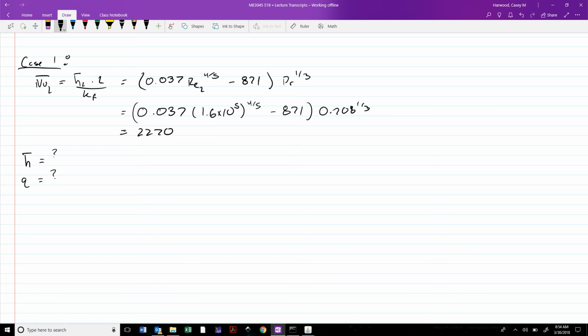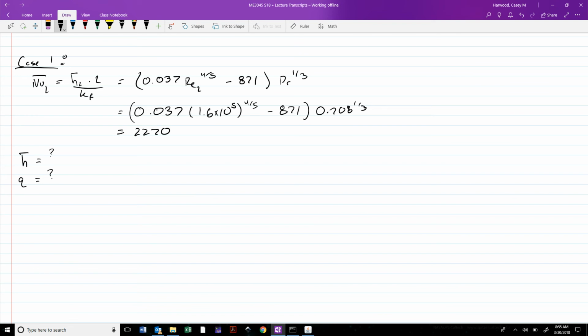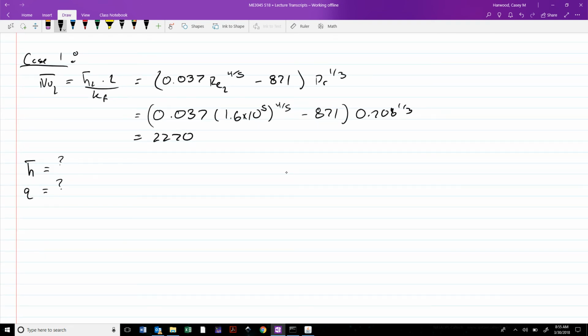What are we getting for an averaged convection coefficient? 59.02. I'm getting 59.1, but that's close enough for government work.